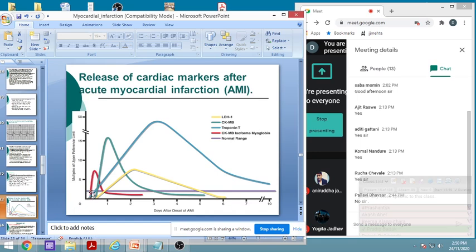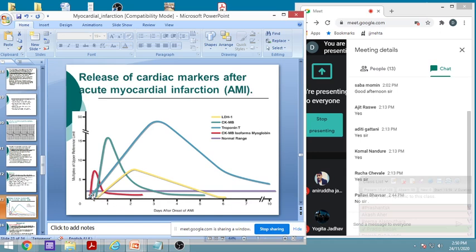So CKMB will go down quickly. If somebody comes the next day, then there is no use of it. Here is the normal range, and these are the changes that take place. In a few hours you will find that CKMB increases, and within 1 day it comes back to normal.